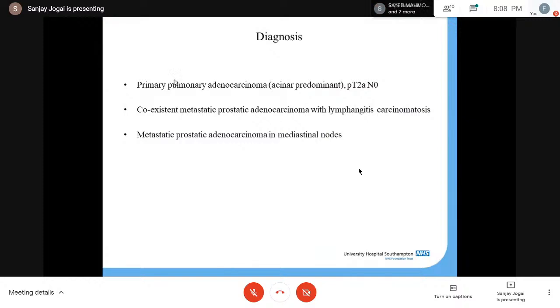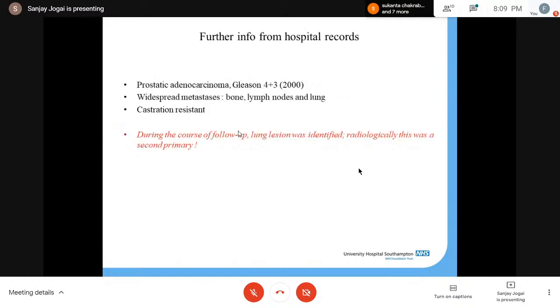So basically what we are dealing with is a primary pulmonary adenocarcinoma, which is ACNR predominant, pT2a and not based on lung tumor metastasis. But what interestingly this patient had was a coexistent metastatic prostatic adenocarcinoma to the lung with lymphangitis carcinomatosis type spread, and also metastasis to the mediastinal nodes.